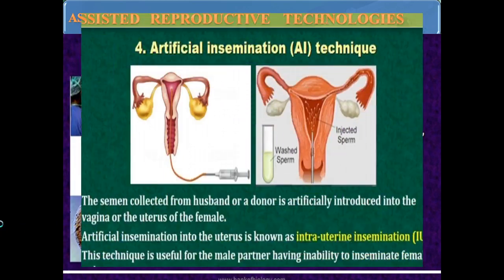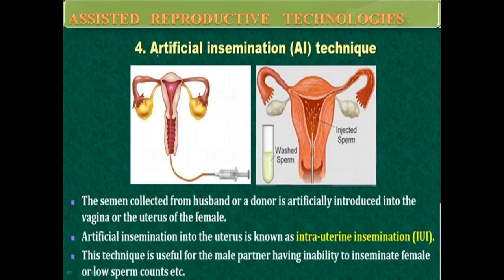The next one we see is artificial insemination. The semen collected from the husband or a donor is artificially introduced into the vagina or the uterus of the female.